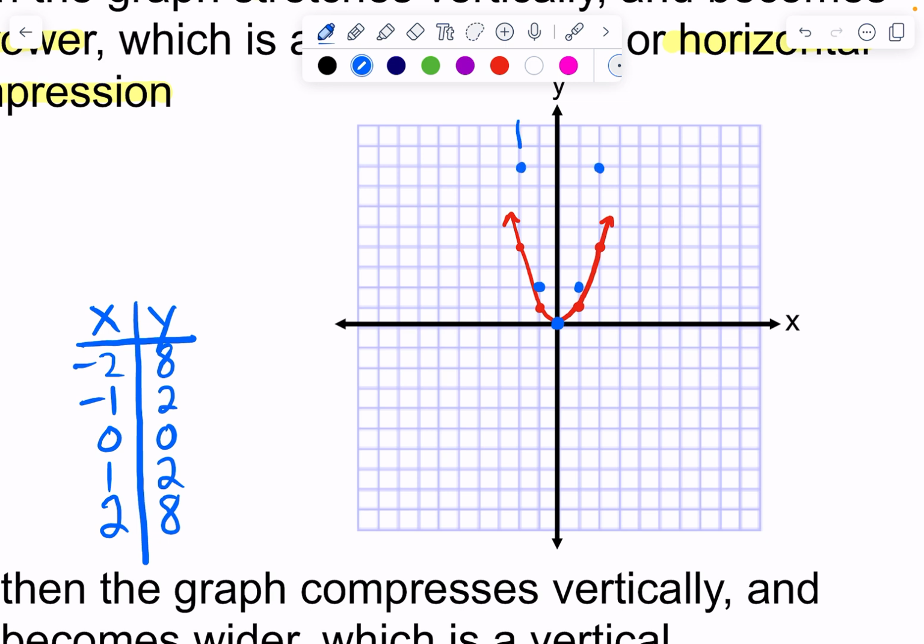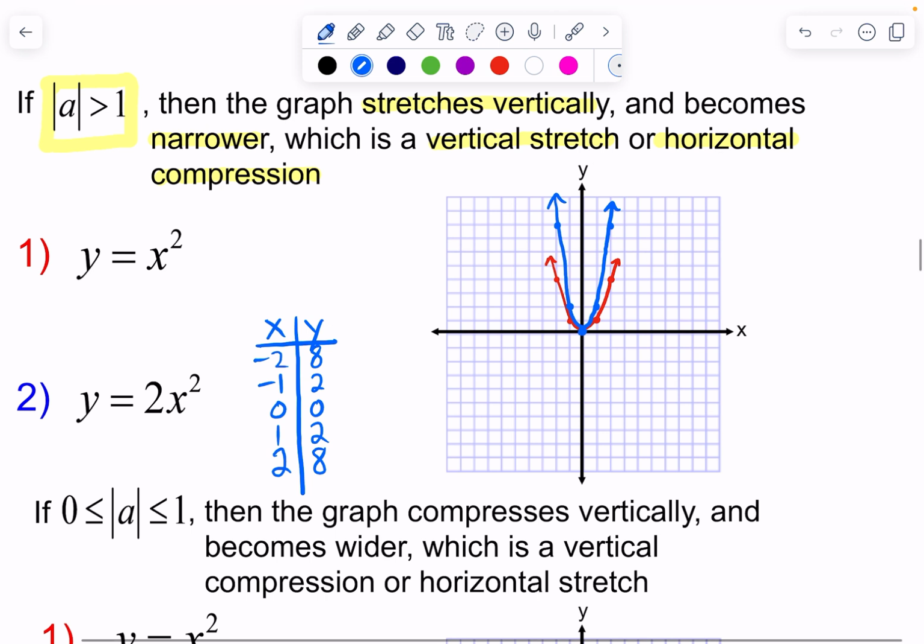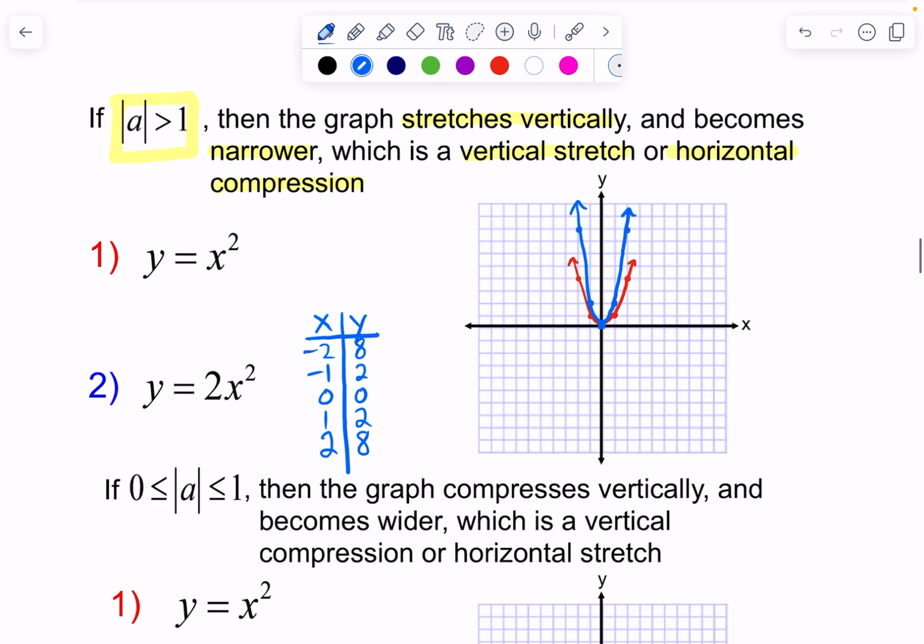And as you can clearly tell, that is much more narrow. So if the absolute value of a is greater than 1, the larger the a is, the more narrow it becomes. So that is a vertical stretch or a horizontal compression.